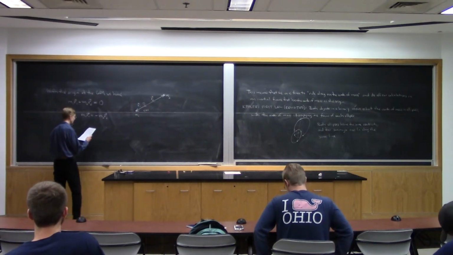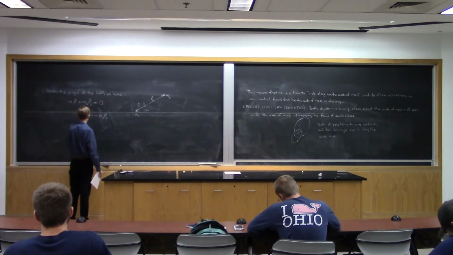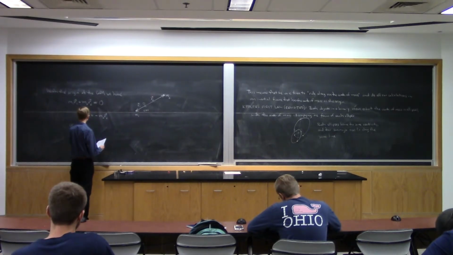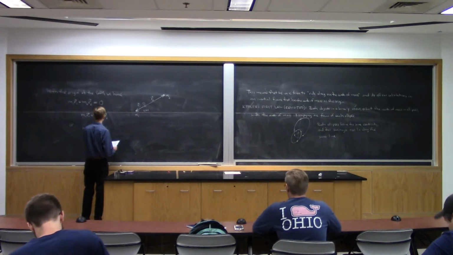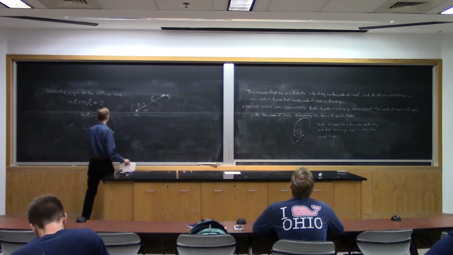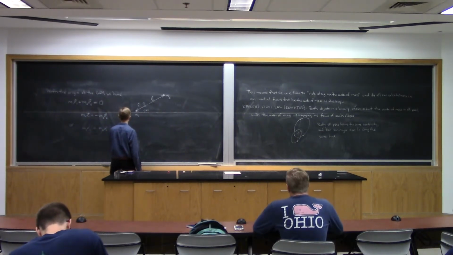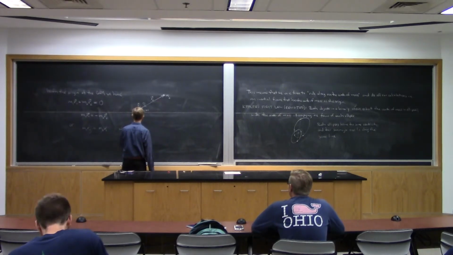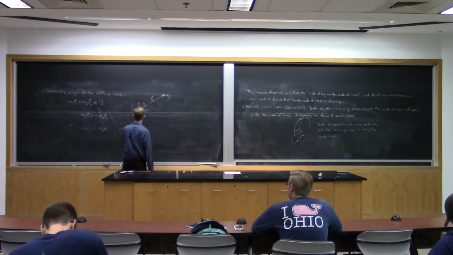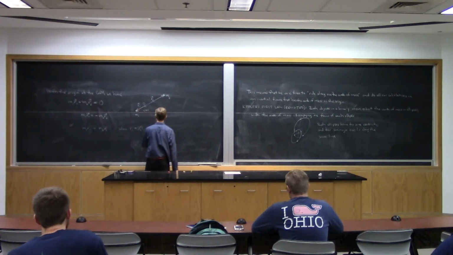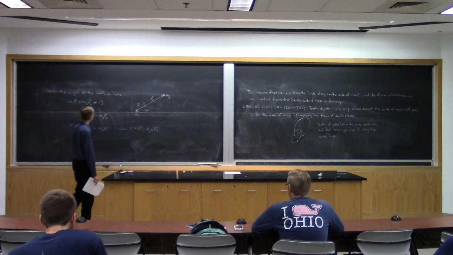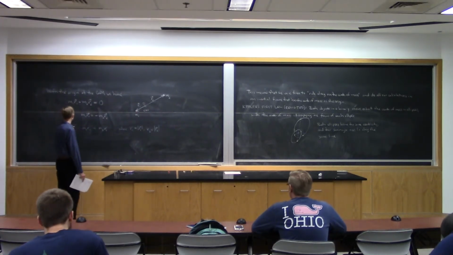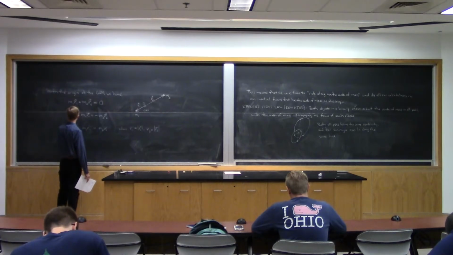And if we take magnitudes, this says M1 times R1 is equal to M2 times R2, where by R1 I mean the magnitude of the vector R1, and by R2 I mean the magnitude of the vector R2. So if I take magnitudes, then I can get rid of the minus sign.